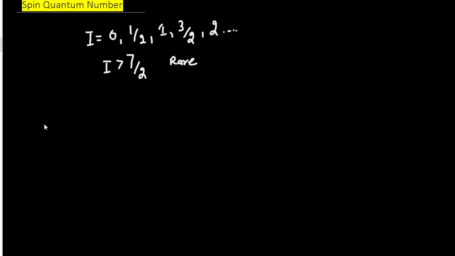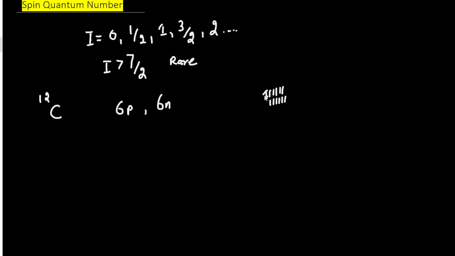So you know that carbon 12 has 6 protons and 6 neutrons. The number of protons and number of neutrons are even. Let's discuss it in a simple way, like basic math. 6 protons, 1 2 3 4 5 6, 6 neutrons.